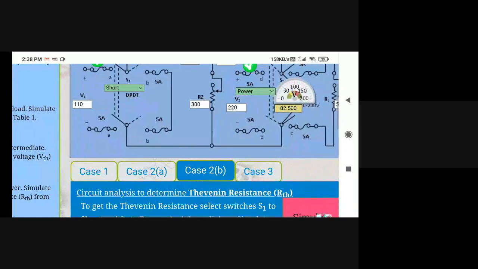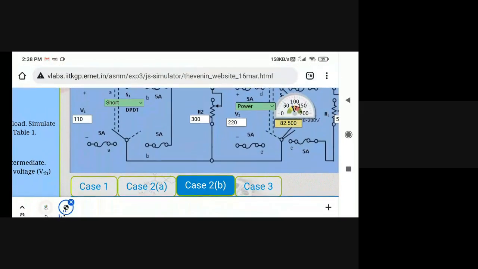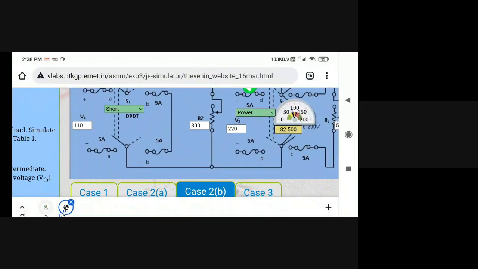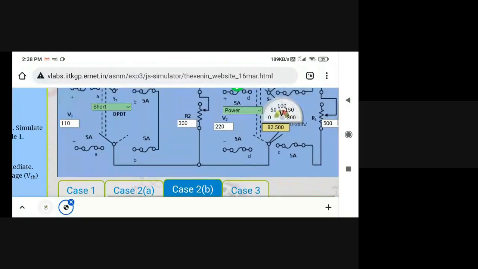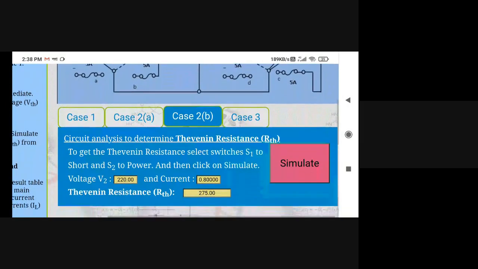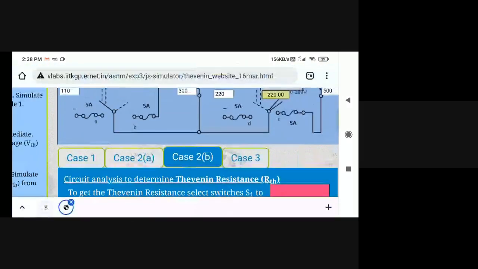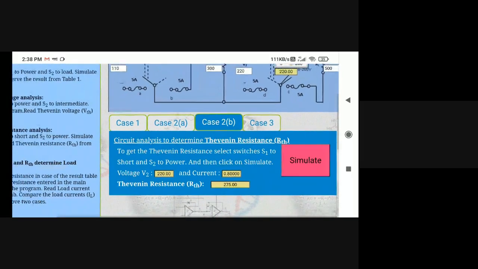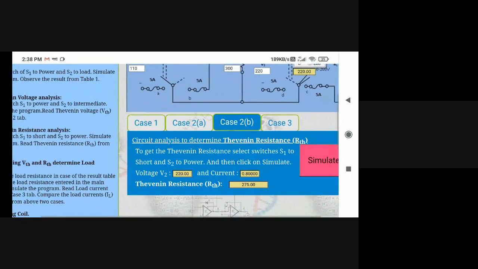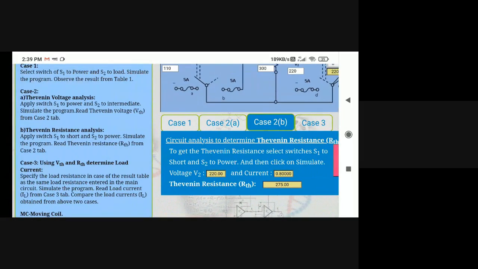Therefore I have kept the second source, the 220 volt source, in power condition. So you simulate. You have got voltage V2 as 220 volts, as it is in power, and current is 0.8 amperes. If I divide 220 by 0.8, I will get the resistance RTH as 275. So this is our VTH, this is our RTH.